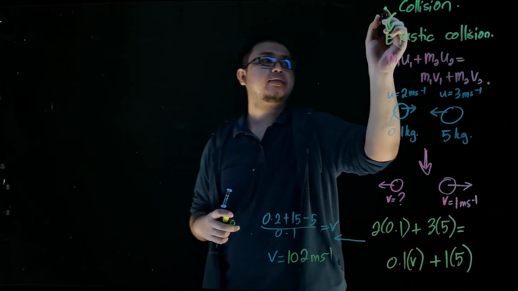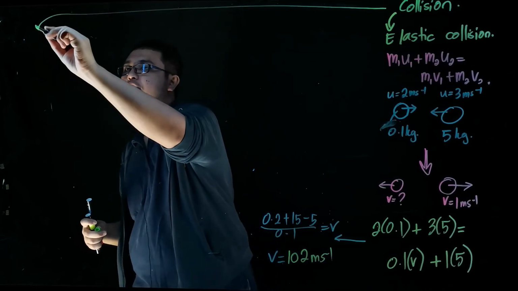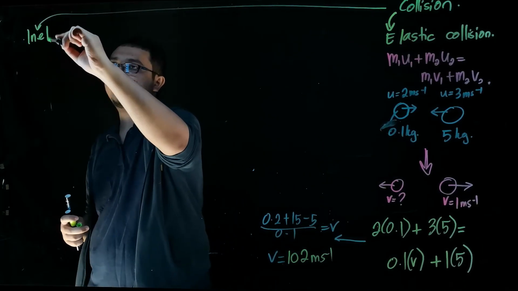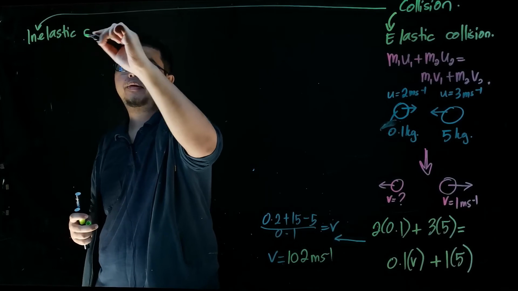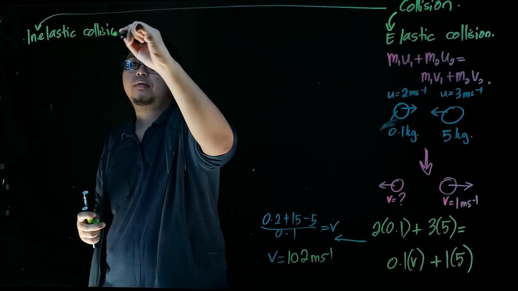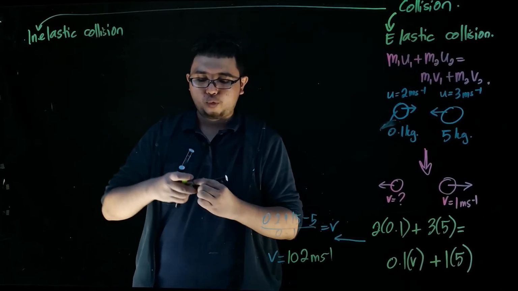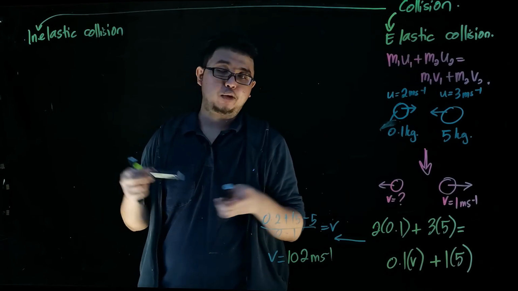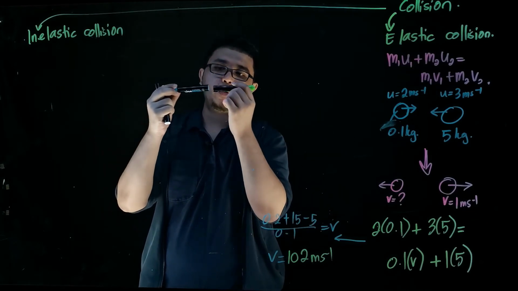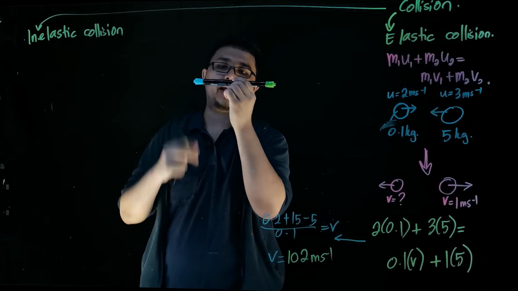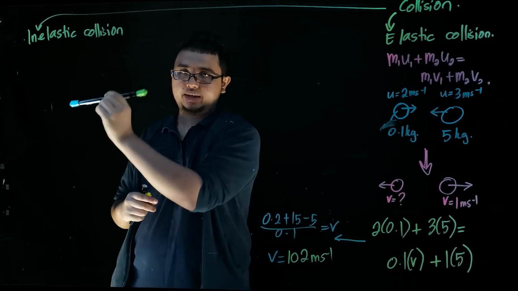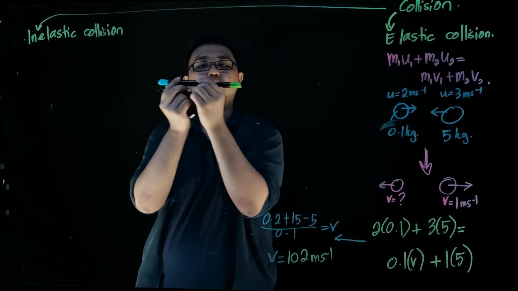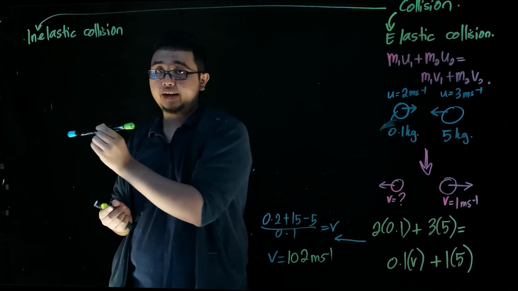Now, next, aside from elastic collision, we have the inelastic collision. In inelastic collision, when two objects collide with one another, the objects will move in one direction. They are bound to one another and move in one direction.